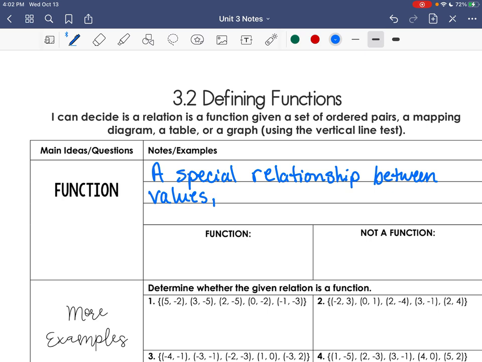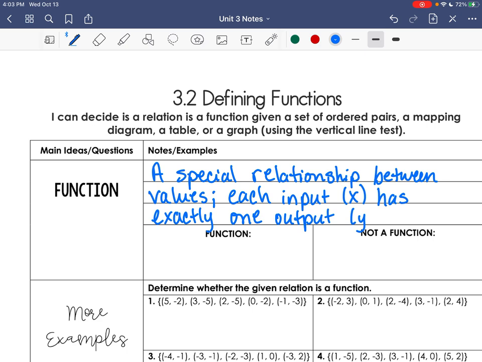And in this special relationship, each input, which is the x value, has exactly one output, which is that y value. So a relation doesn't have to have a special relationship, but a function is a special relationship.